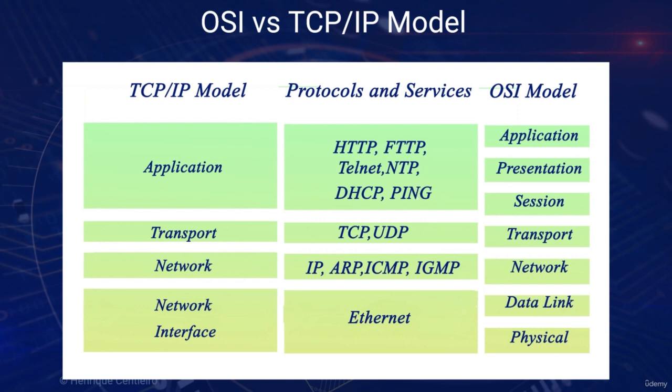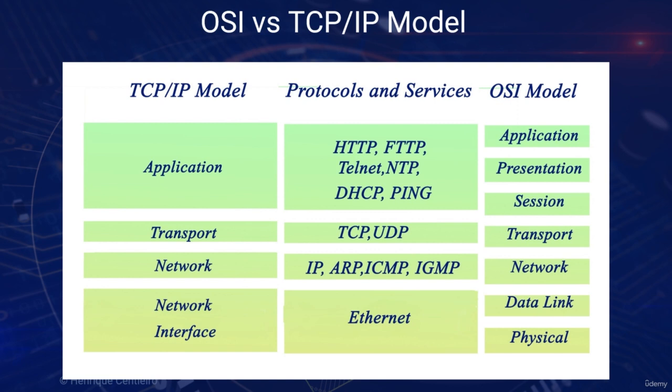So what is the OSI model? OSI stands for Open Systems Interconnection, and it was developed in the 80s. So nowadays it's not that much used, but you still need to know it. The OSI model, as you can see here, consists of 7 layers, and each layer is connected to the other layer.